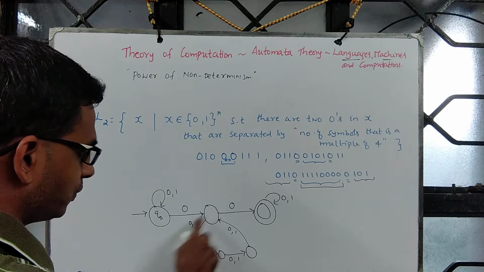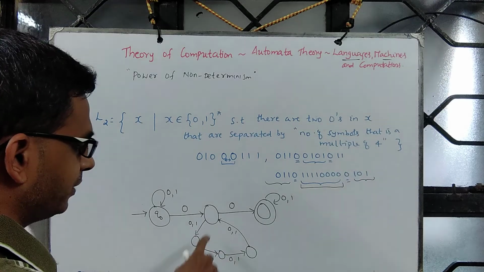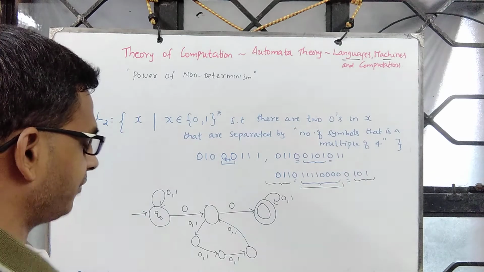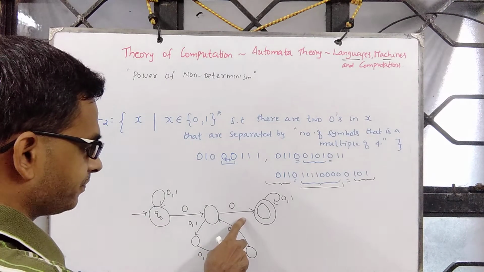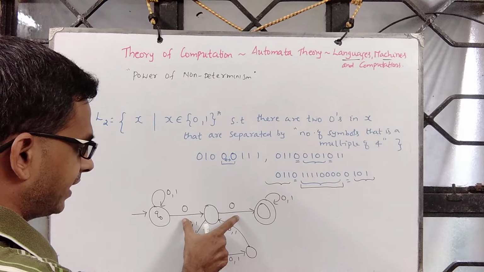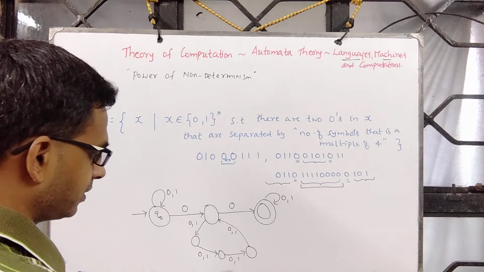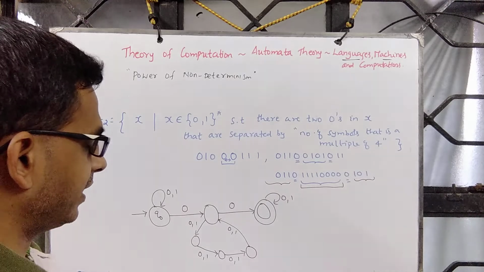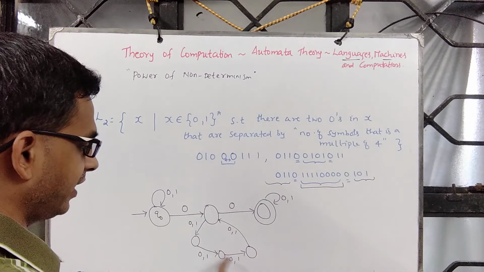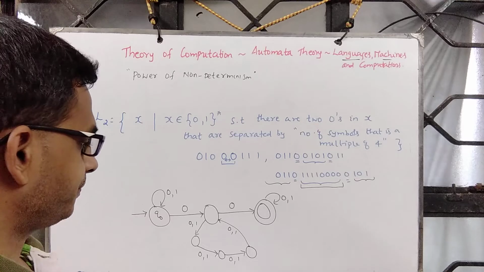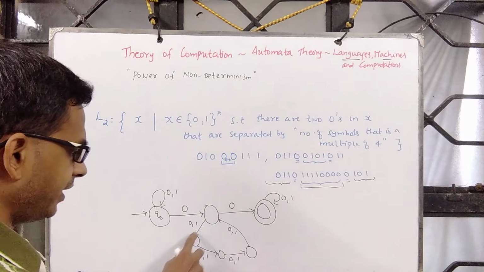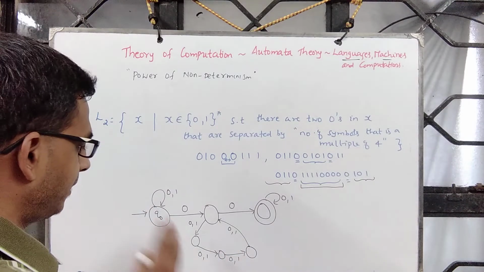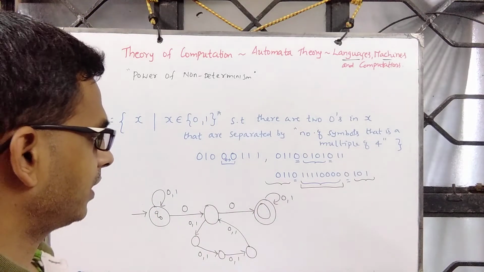Every time you go through this cycle, you would have seen a number of symbols which is a multiple of 4. Then you exit. If you exit, you see that between these two zeros you have seen a pattern, and if you count the number of symbols in it, that will be a multiple of 4. Each symbol could be 0 or 1, and prefix and suffix could be anything.